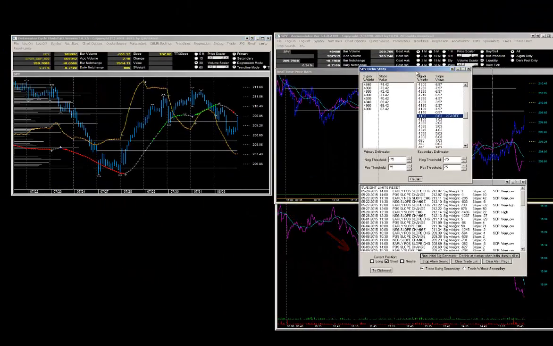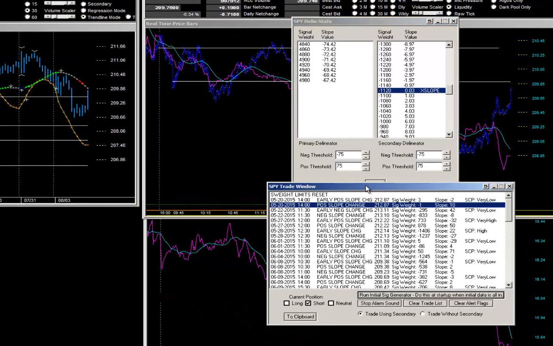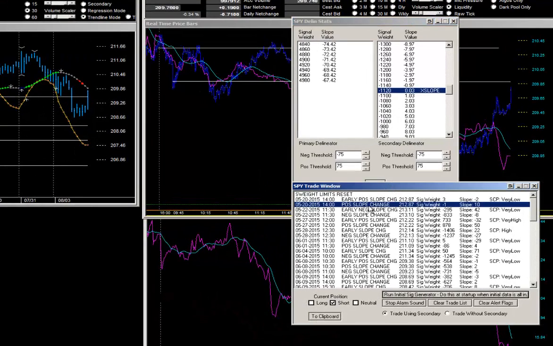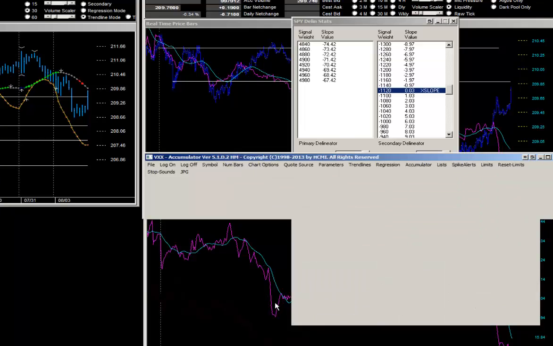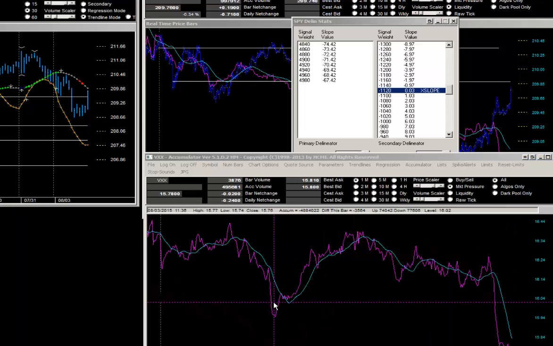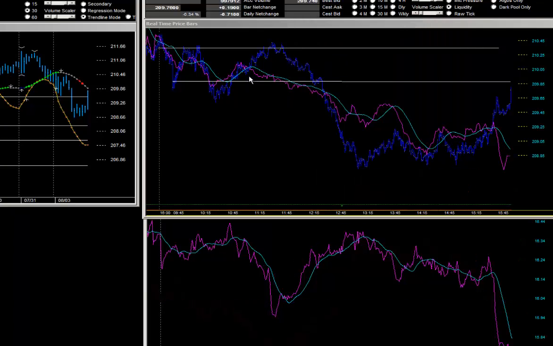So let's move time forward about another half hour. And we see that during that time frame, as price was up, this point right here is 11:36. And 11:36 is right here at the high.